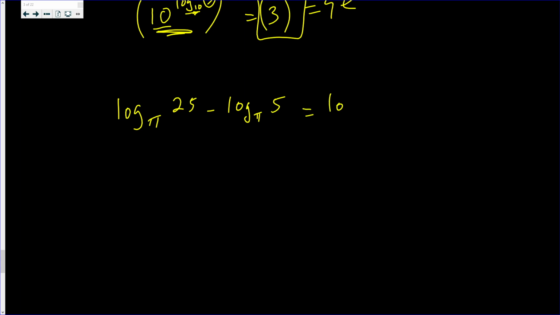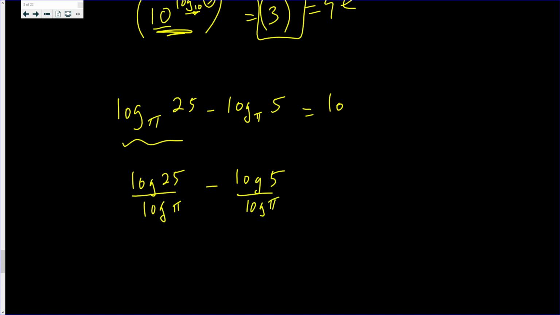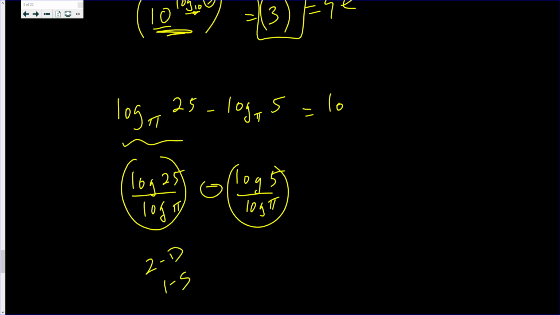I mean, you can always go, well, that's log of 25 over log 5 minus log of 5 over log pi. But that would take 2 divisions and 1 subtraction.